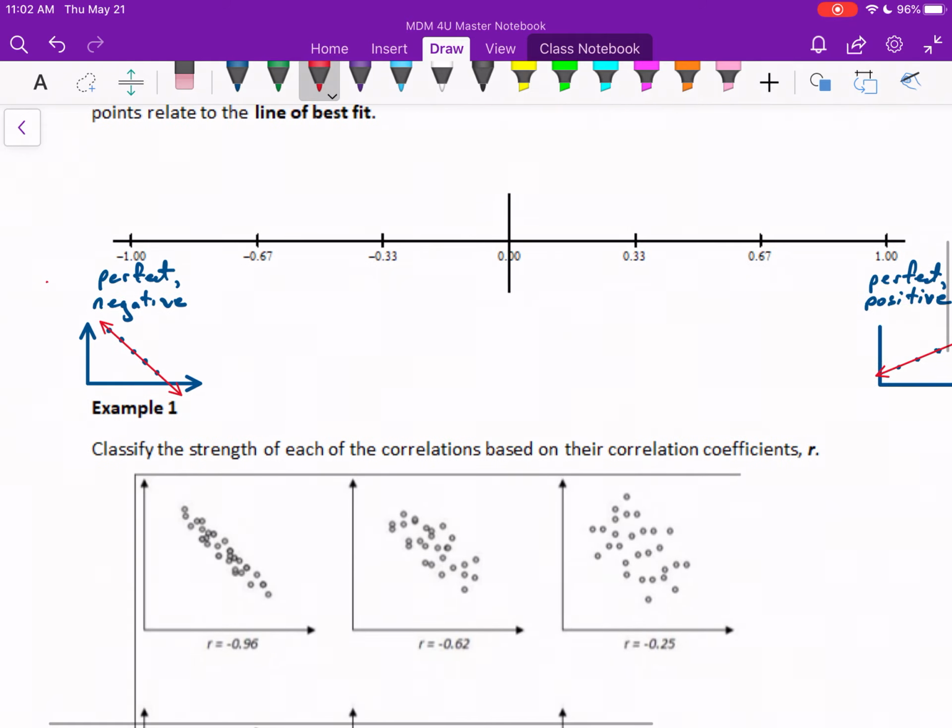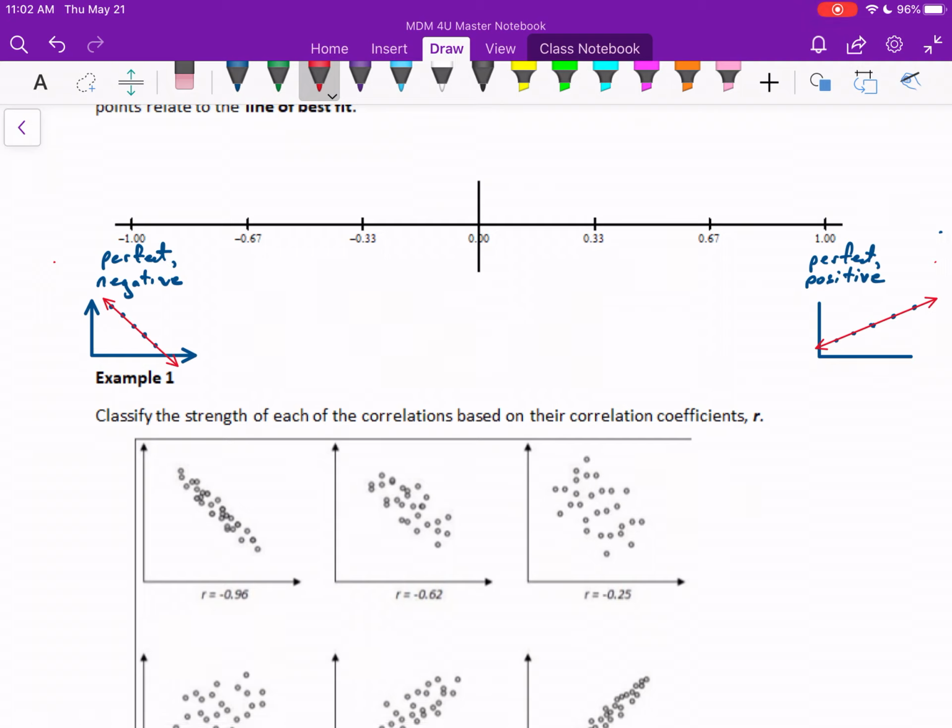0, let's go to the middle here now, means no correlation whatsoever. Think of two variables that have got nothing to do with each other, and you just have this scatter plot which has got no pattern shown whatsoever. That would have an R value of 0.